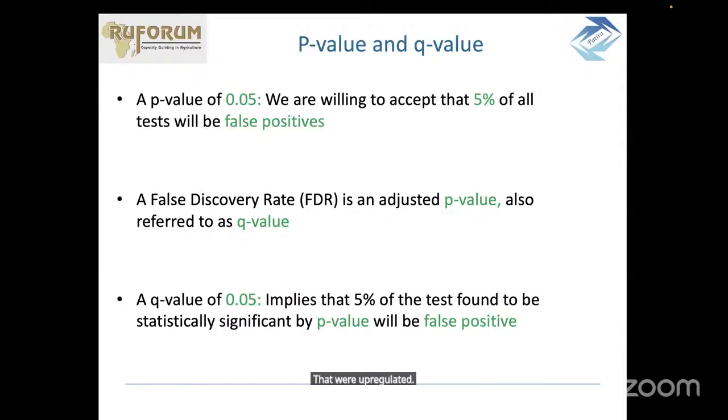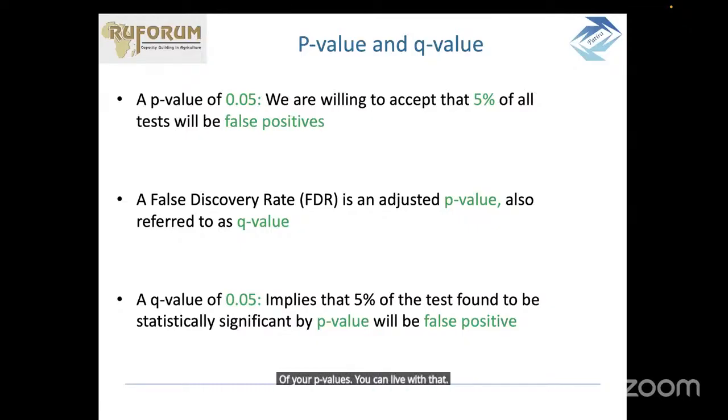You need only 5% to be wrong, so 5% of those will be around 10, and then you'll be left with 95%. For the false discovery rate, you go to those 95%, and you also imply that only 5% of your p-values you can live with.